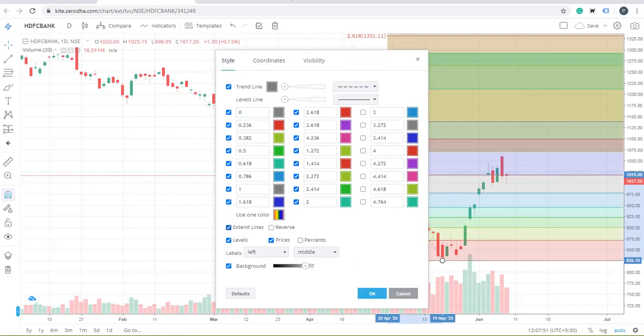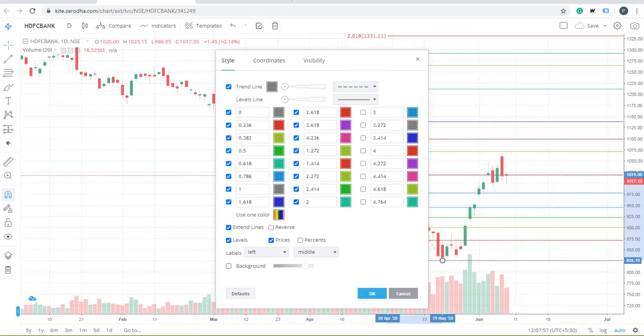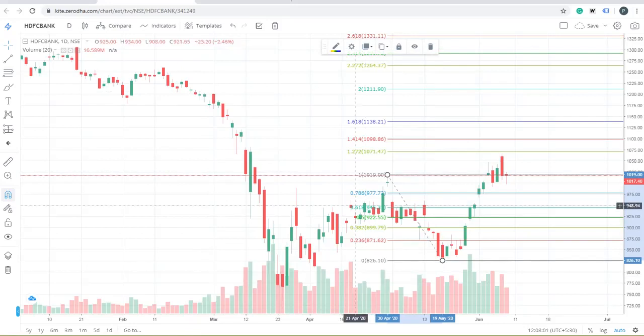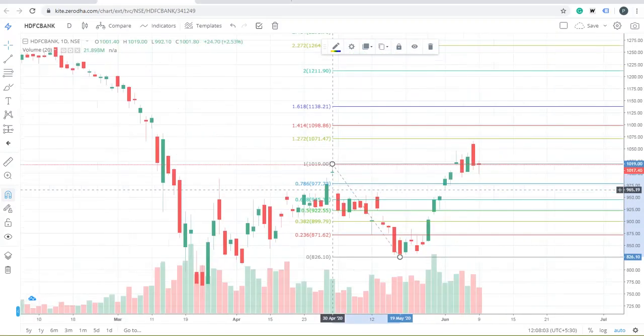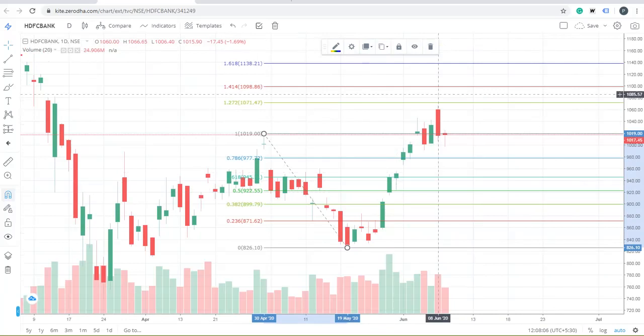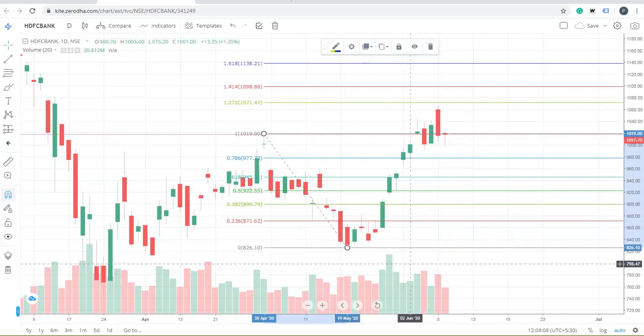Click on extend line so that the levels get extended. If you want to make it clearer, I will remove the background. It is up to you whether you want to remove it or not. Now you have got some horizontal lines in front of you. These are the Fibo levels. These are the Fibonacci levels.